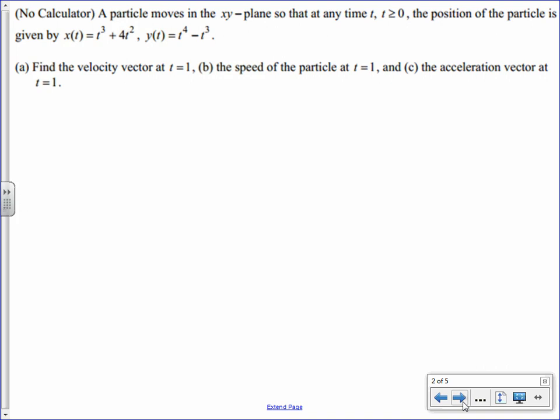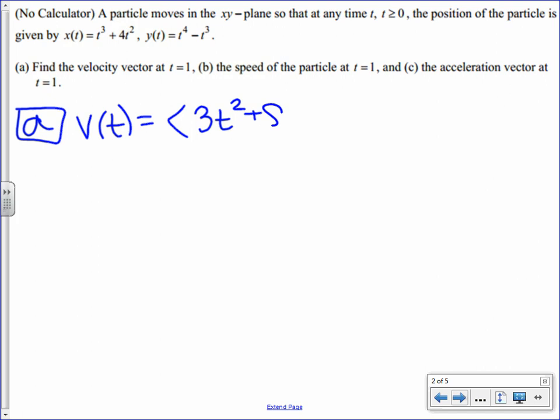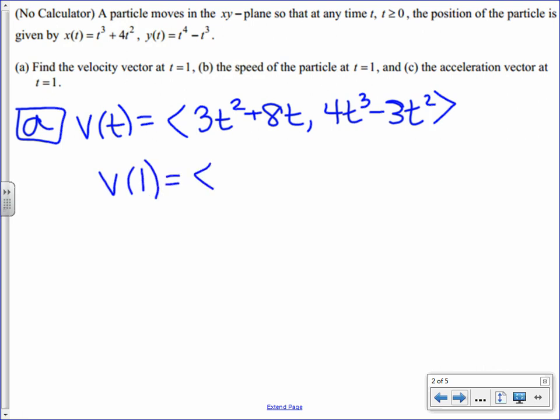How would we find the velocity vector? What's the derivative of x with respect to t? 3t squared plus 18. And the derivative of y is t cubed minus 3t squared minus 1. So at 1, what is our vector?